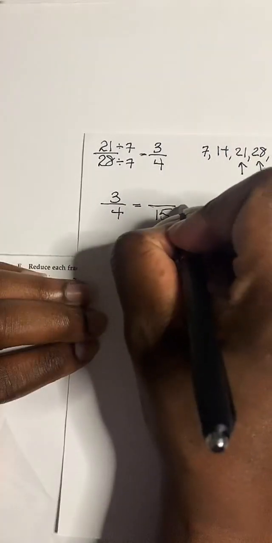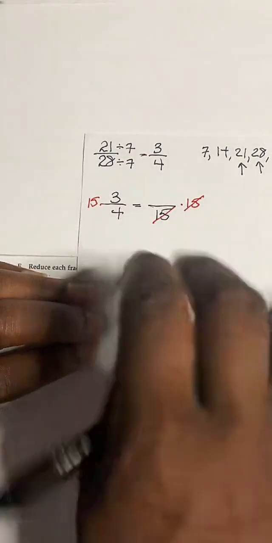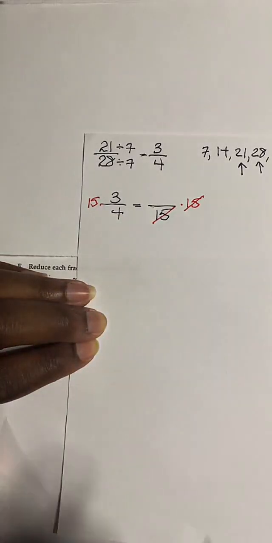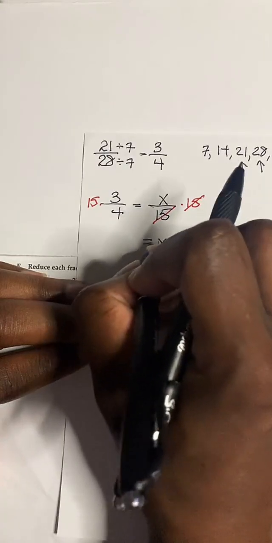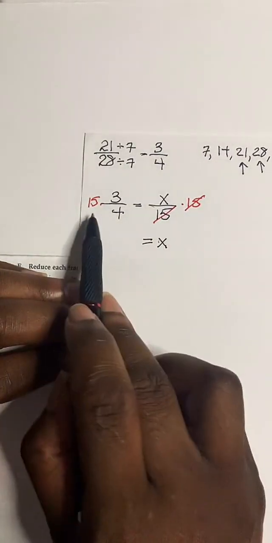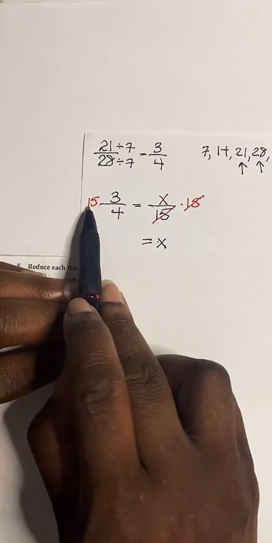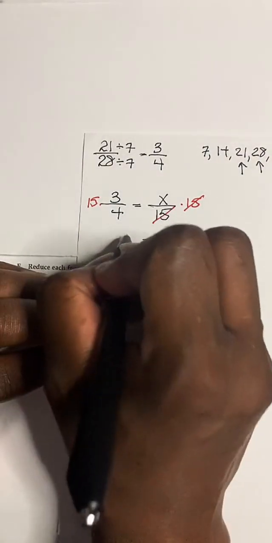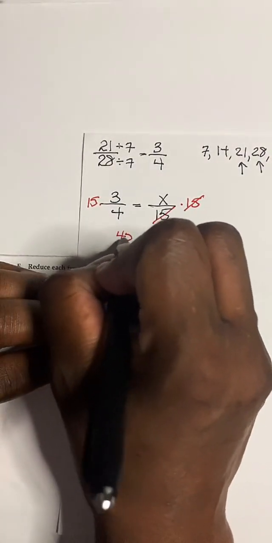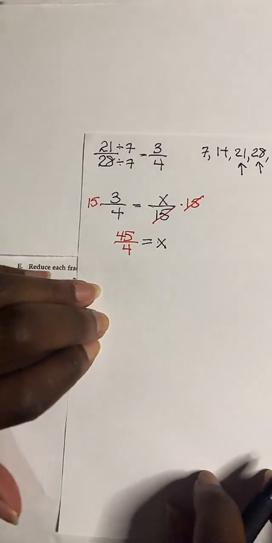If I multiply this side by 15 and this side by 15, my 15s cancel out here and leave me with an open space, which I'll put an X in just to have that representation. Then you multiply the 15 times the 3, because the whole number multiplies with the numerator. That will give you 45 over your denominator, which is 4.